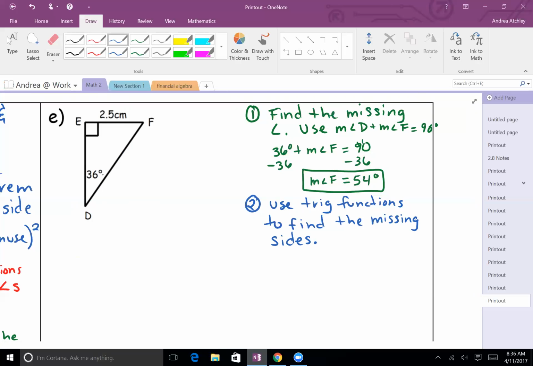Okay, so I'm going to use my existing angle that they gave me, and label opposite, adjacent, and hypotenuse. I have to use the opposite side because that's the one they gave me. Melissa, which side would you like to find first?